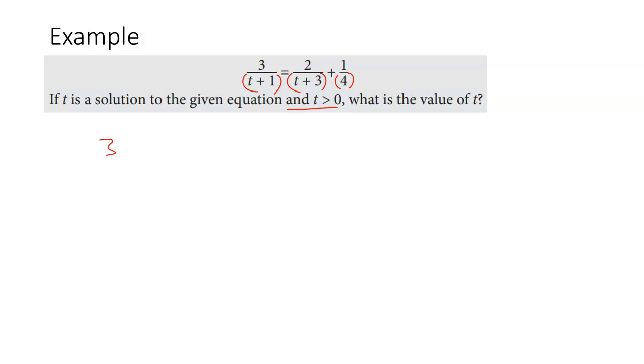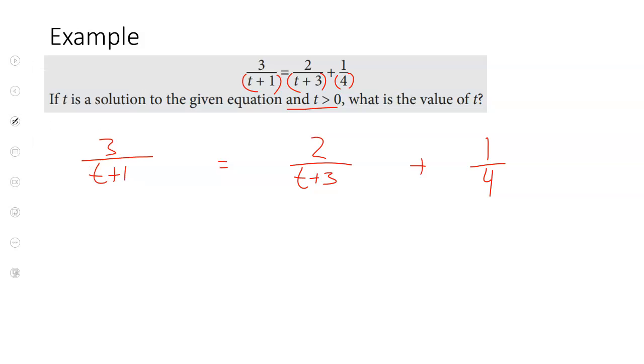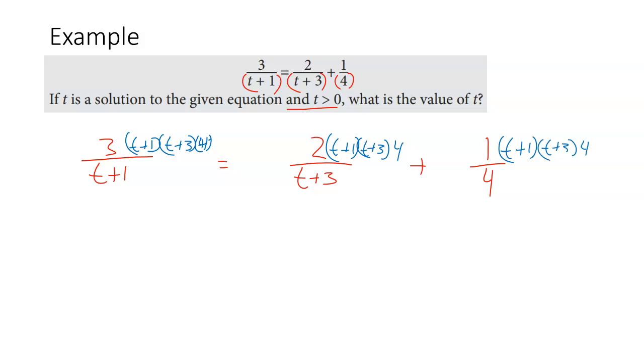So I've got 3 over t plus 1 equals 2 over t plus 3 plus 1 over 4. All three of those terms are going to be multiplied by t plus 1, t plus 3, and 4.